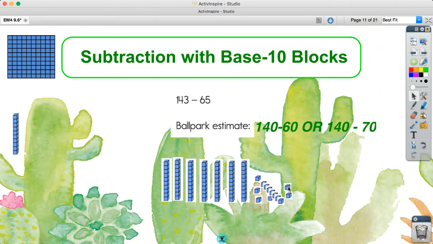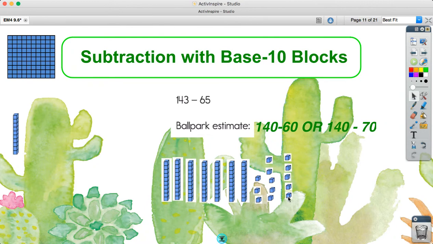Let's organize them a little bit. Okay. So these are the 10 cubes that I exchanged for when I move my long over here. Now I can subtract my 5 from 65.